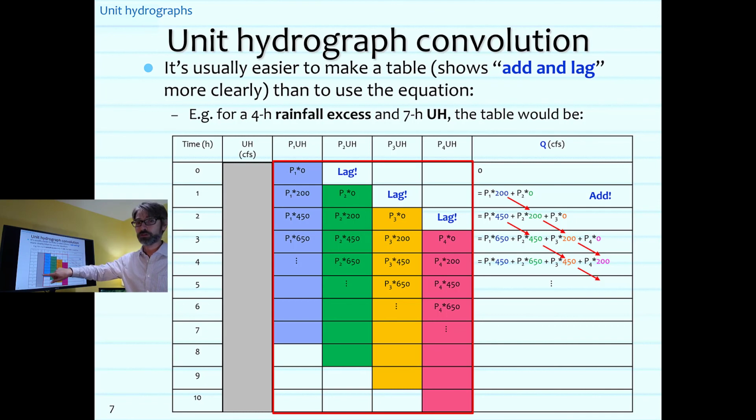This is, again, just for reference, so I don't add these values in. So be very careful about that. This is just for reference so that it's easier to transcribe the values here. This is not actually added into the storm hydrograph. Lots of students make that mistake. Make sure that you just blank it out when you're doing the add and lag procedure to get your discharge here.